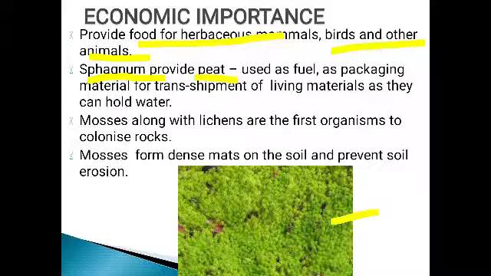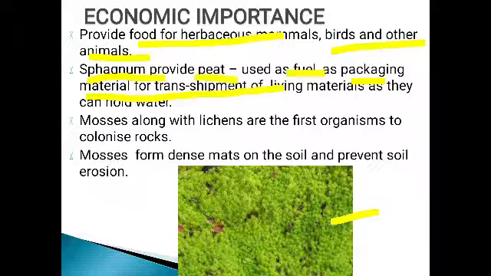It can also be used as a packaging material for transshipment of living materials. What is meant by transshipment of living materials? Transporting any living materials from one place to another. So for that, it is used as a packaging material. That means it has the capacity to hold water.